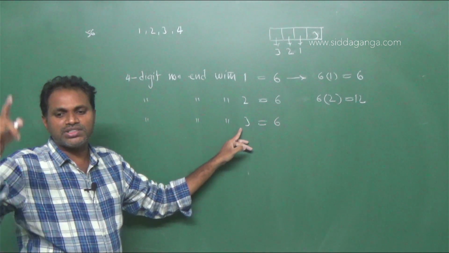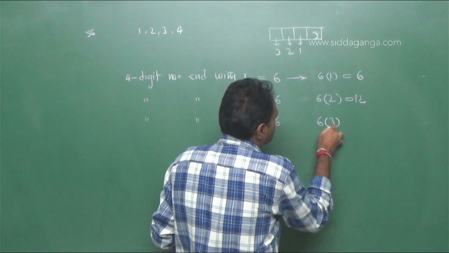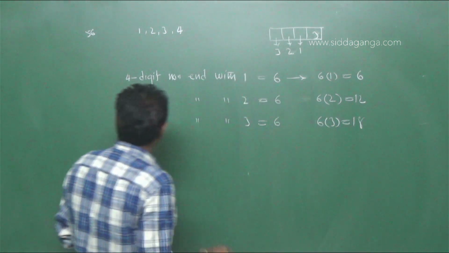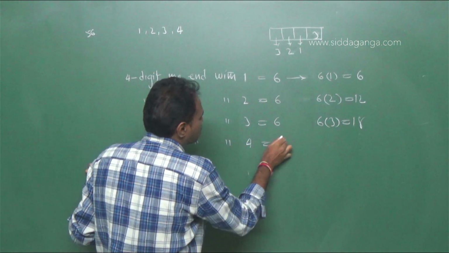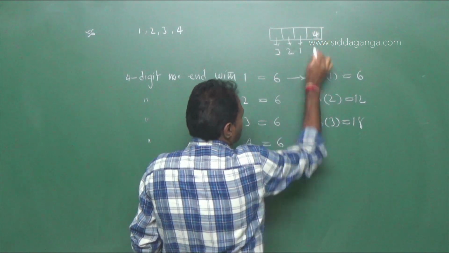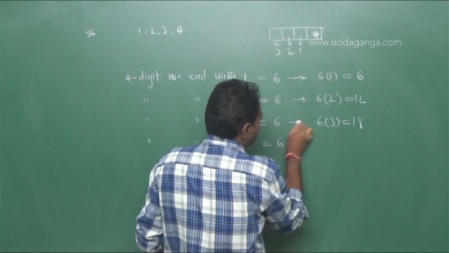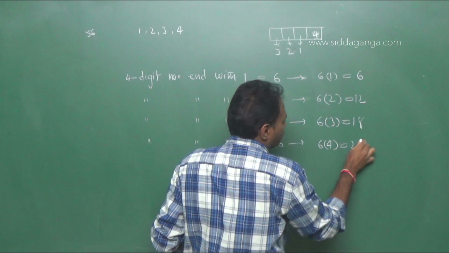That's why the sum of the unit place is 6 into 3, that is 18. Next, the 4-digit numbers ending with 4, those also you will get 6 in the same way, so 6 into 4 is equal to 24.